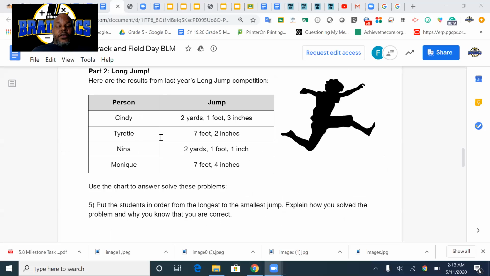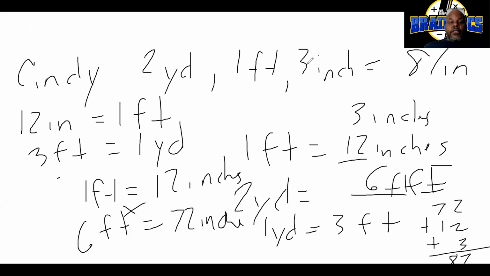Tyrette, 7 feet 2 inches. All right. So Cindy is 87 inches. We'll put it up here. Cindy, 87 inches.